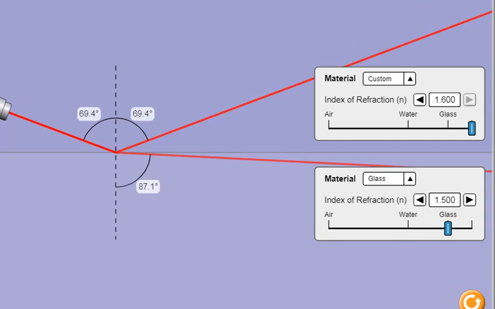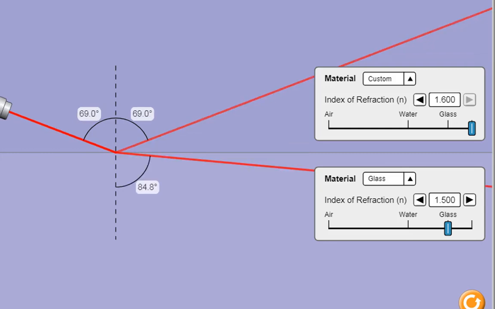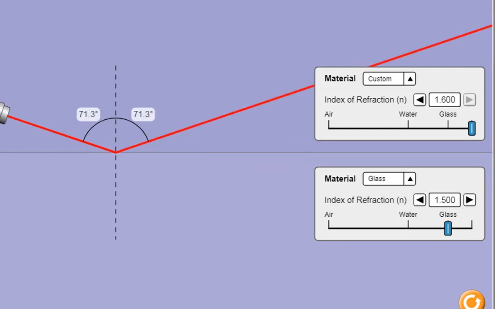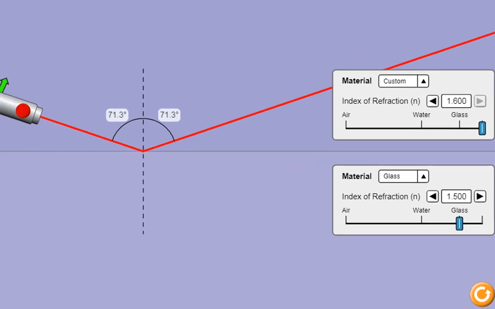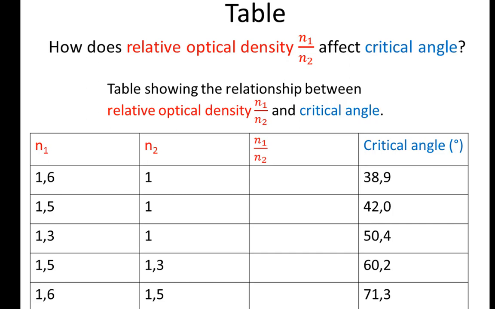There we have angle of refraction 87,1. So it's nearly 90, so we're nearly there. But we need to make it a little bit bigger. And maybe that might be it, 71,3 degrees. It is difficult to be accurate here, so if you repeat this experiment, you will probably get somewhat different results for the critical angle, but you will get the same trend.